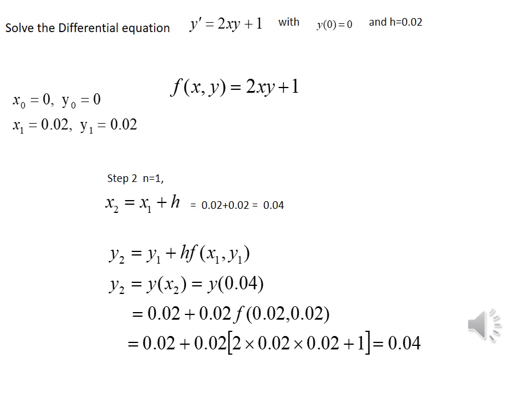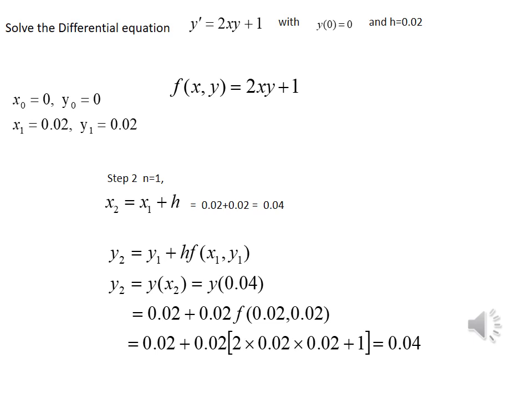Now you proceed. Since we have x1 equal to 0.02, and in the previous step we have calculated y1 as 0.02, now you can calculate x2. x2 is equal to x1 plus h, which is equal to 0.04. Then y2 is equal to y1 plus h into f of x1, y1.